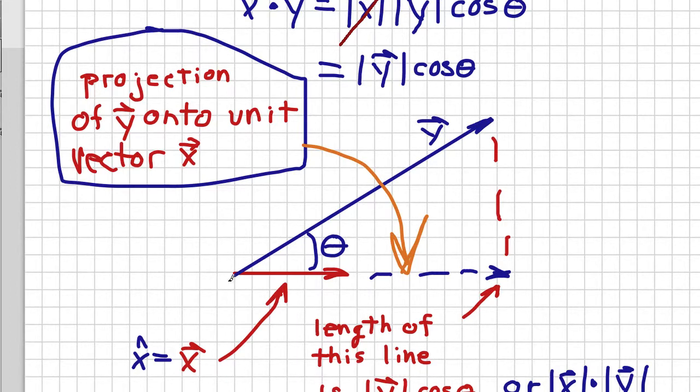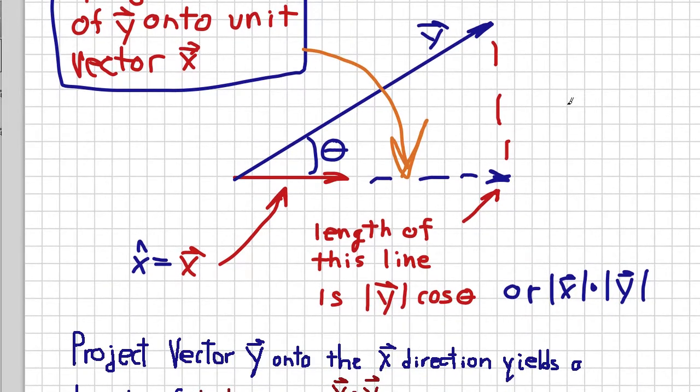So that tells me what the length of this line is right here. So you can think of it, if the sun were out here casting a shadow of the y vector onto the x vector, that's what we call a projection. And we say the projection of the y vector onto the x direction here, this is a unit vector, the projection of the y vector onto the x direction is just magnitude of y cosine theta.